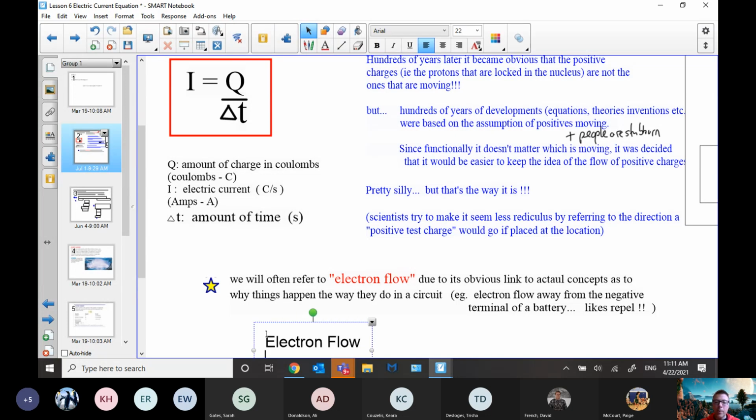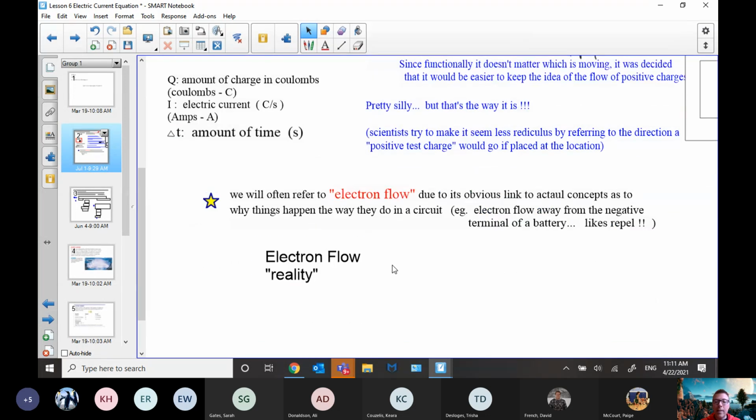But electron flow, which is of course reality, I want to say that equals flow of positives or current, right? I don't want to necessarily say equals, but you get the idea.